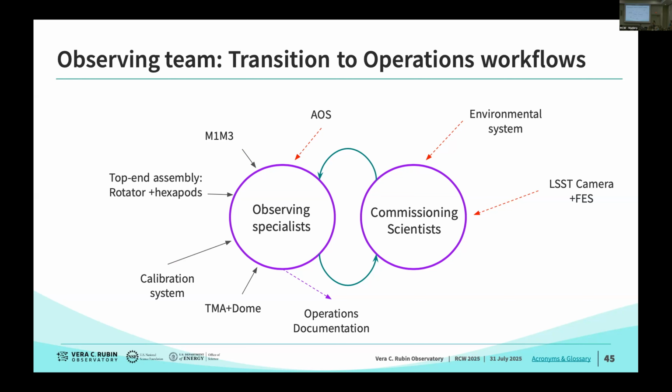The observing specialists are, in return, working on delivering our official documentation for operations. Currently, we are undergoing the process of being handed over the active optics system. And the commissioning scientists are working with the camera team and the filter exchange team to start the handover of the camera eventually to the operations and the observing team.